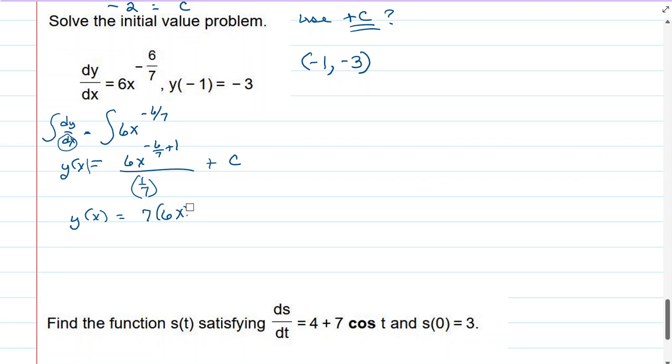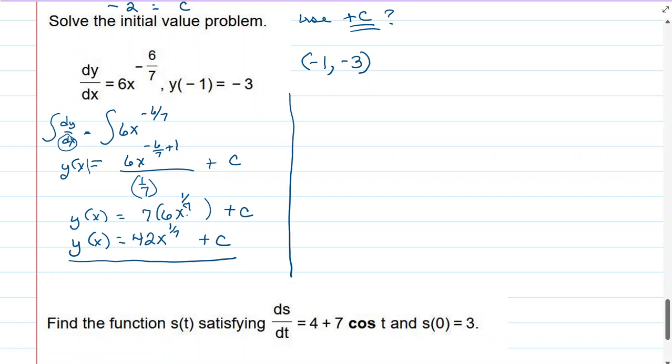Sorry about that. All right. So we have our general form for all possible functions that have the function start, the cap F of x being 42x to the 1/7.